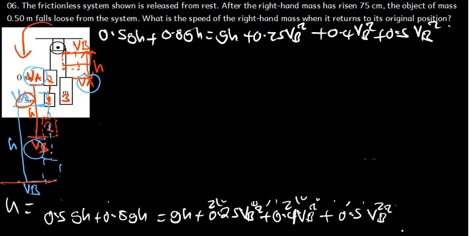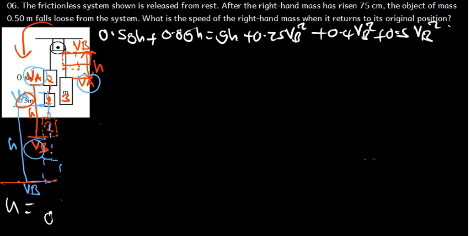Now I can get rid of this, but remember that our h is 0.75 meters. Now we want to find the vb.